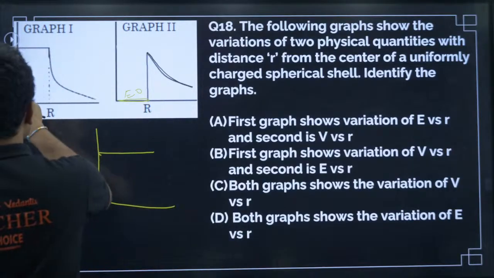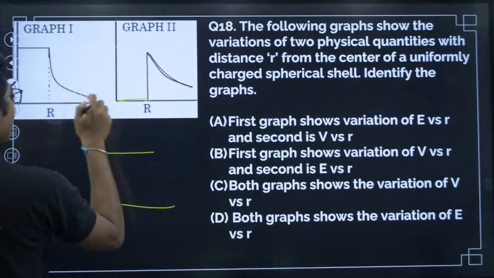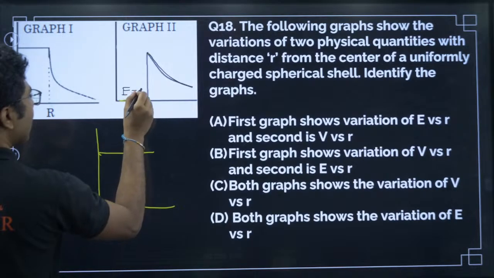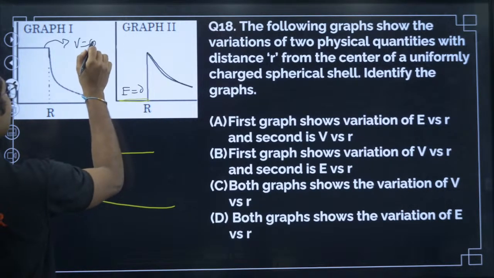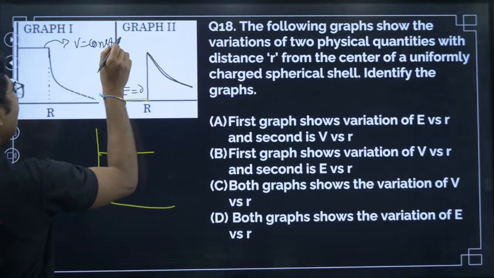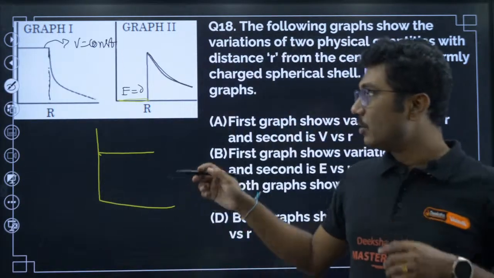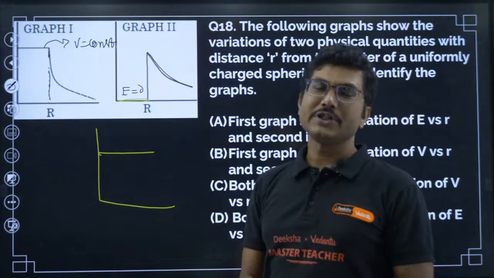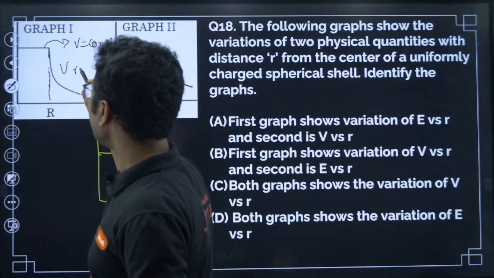Electric field is 0 over here, so that is the only reason. Inside the spherical shell up to the radius r, the electric field is 0, but the electric potential is not 0, it is constant. So this must be V versus R.